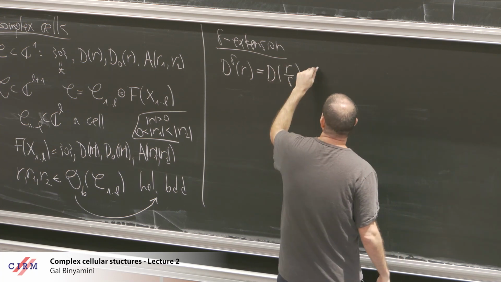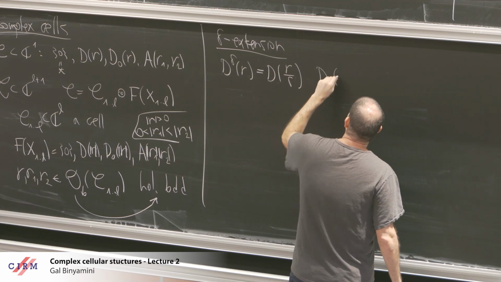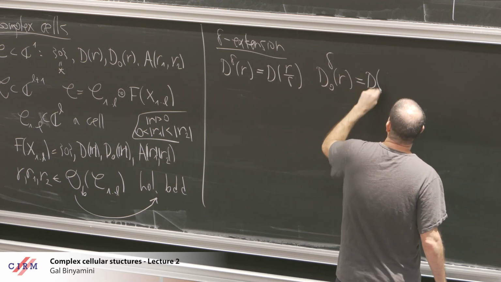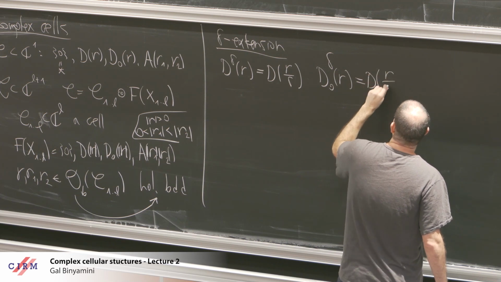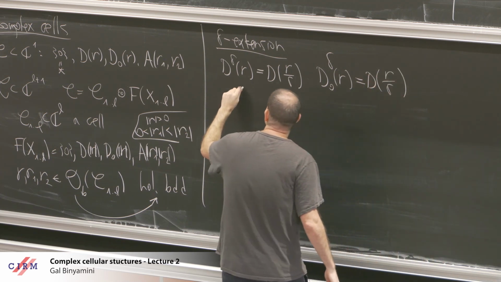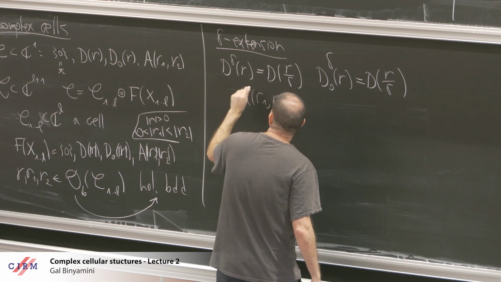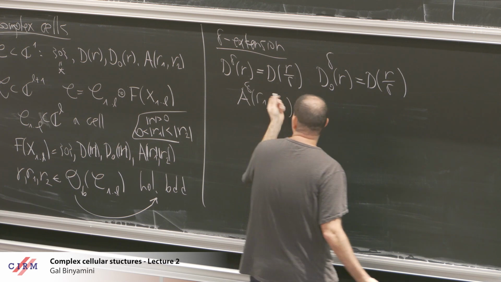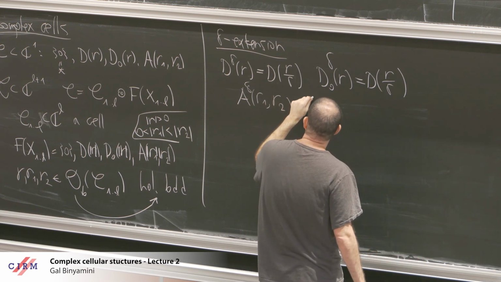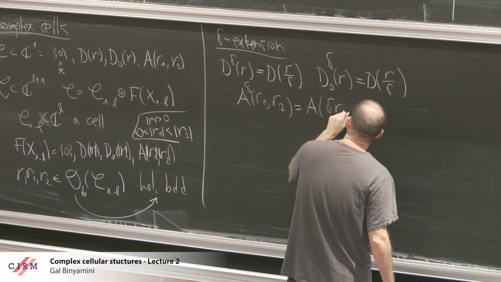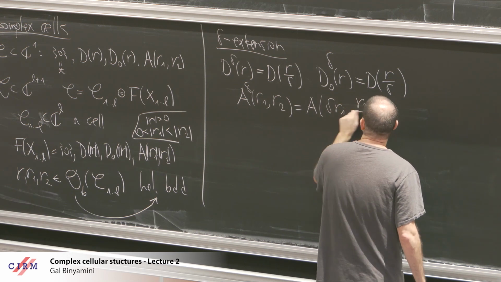And the same for a punctured disk: this is going to be the punctured disk of radius r over delta. And then for the annulus r1, r2, the delta extension will be, as I used it before, delta r1 and r2.